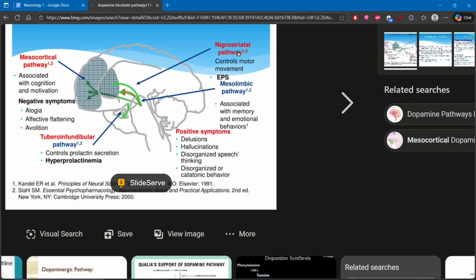The nigrostriatal pathway controls the motor movement, and it gives rise to the extrapyramidal symptoms. You can see, right? The mesolimbic pathway is associated with memory and positive emotions. Now, there is also the tuberoinfundibular pathway, which controls the prolactin secretion.